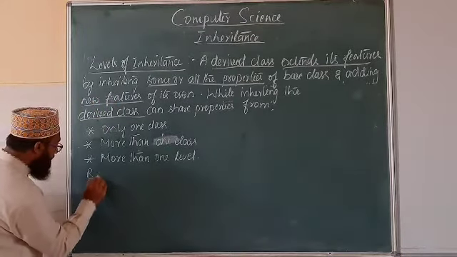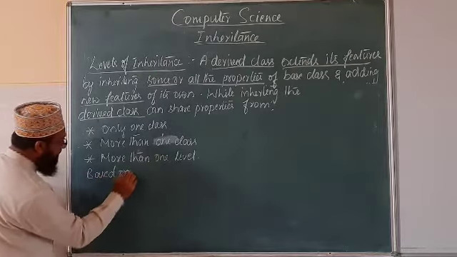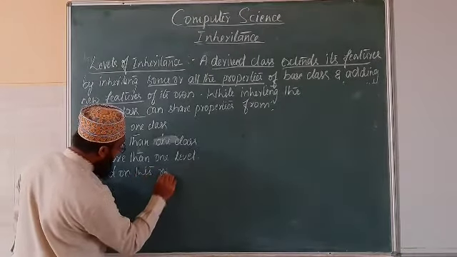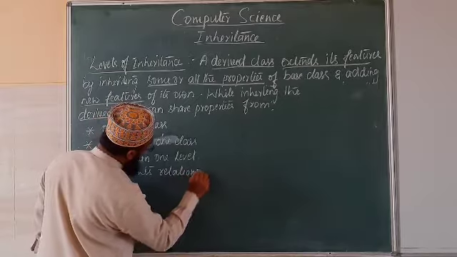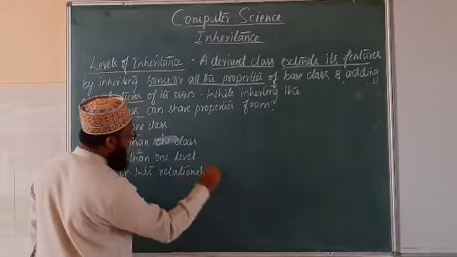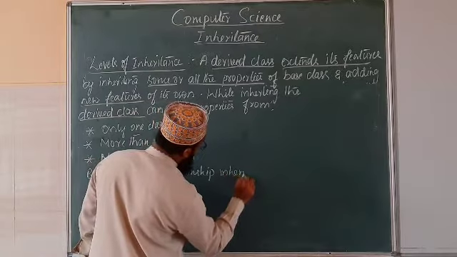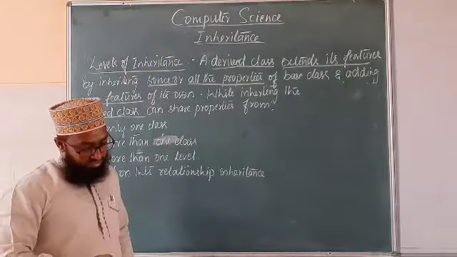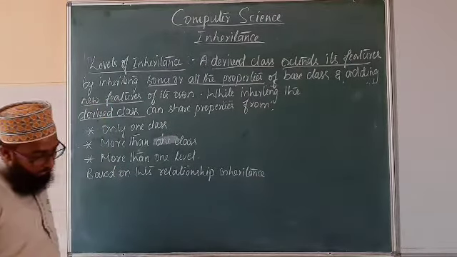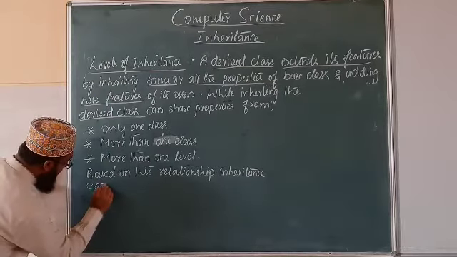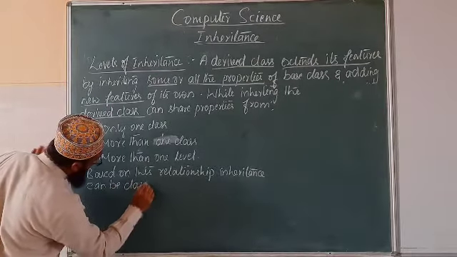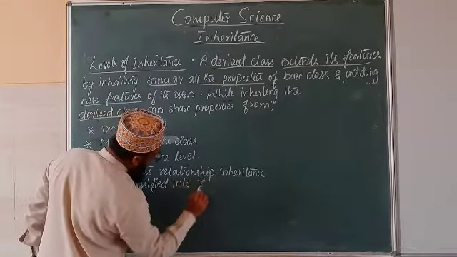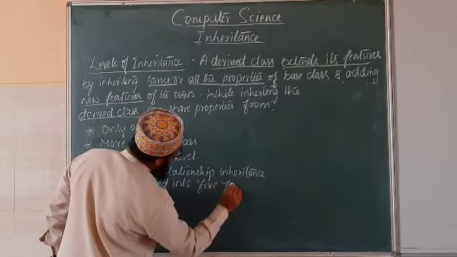Based on this relationship, inheritance can be classified into 5 forms.